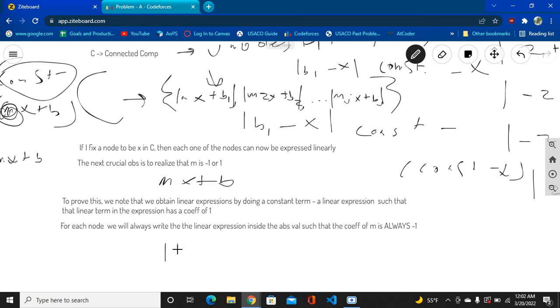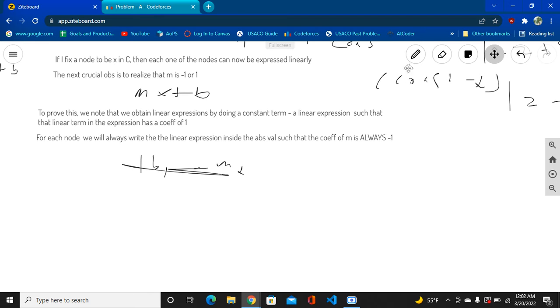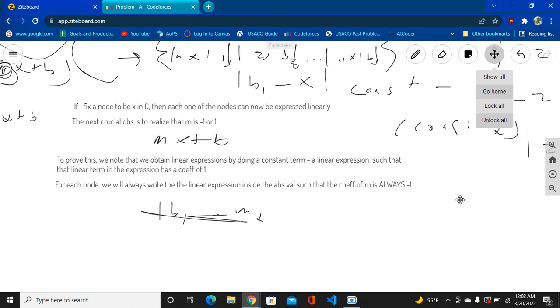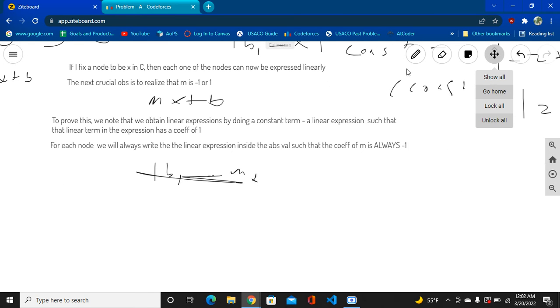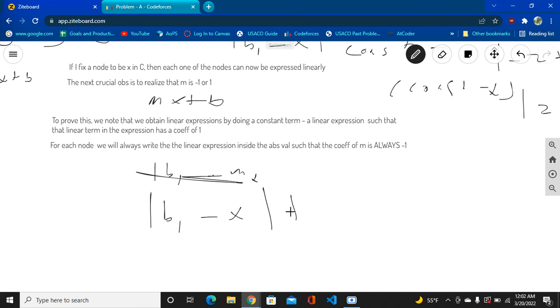We can just write it as b1 minus mx1. So basically it comes down to minimizing b1 minus x plus b2 minus x, all the way to bj minus x.